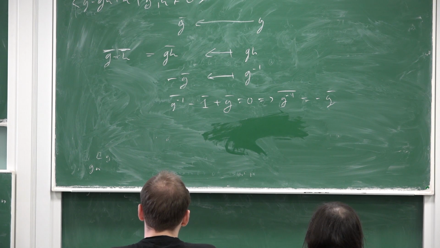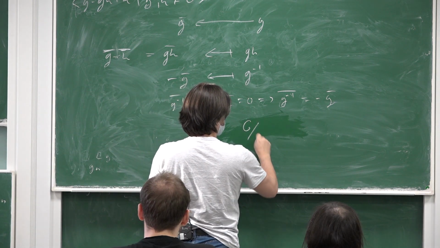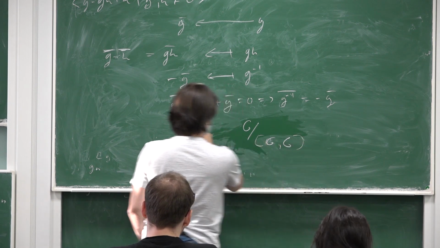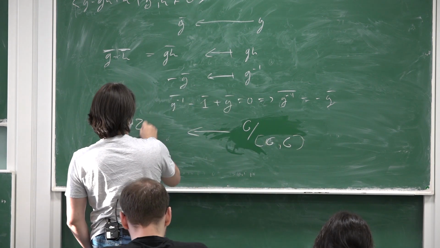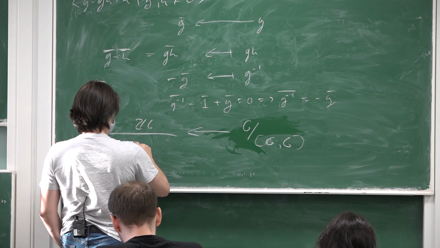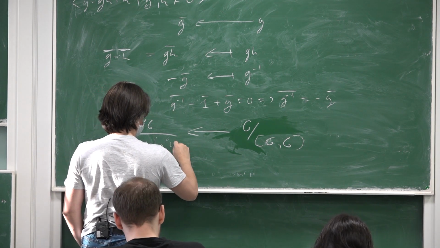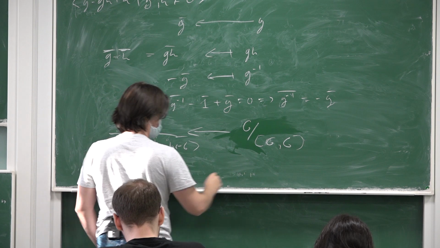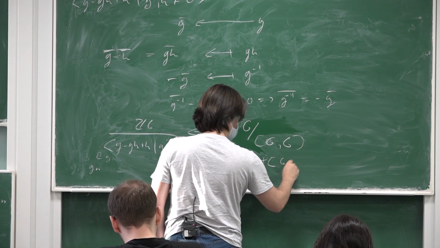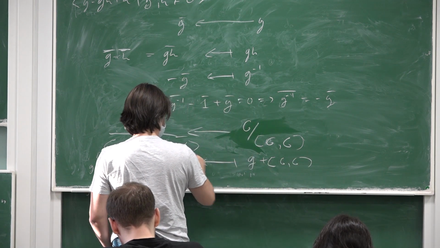So we get some map from G factor G minus GH plus H, for G, H in G, that sends the class of G to G bar.